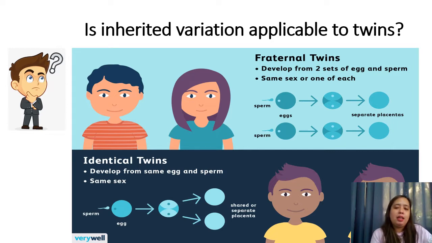Fraternal twins, because they develop from two sets of egg and sperm. Sometimes the fraternal twins could be the same gender or same sex or could be different. It could be a boy or a girl.